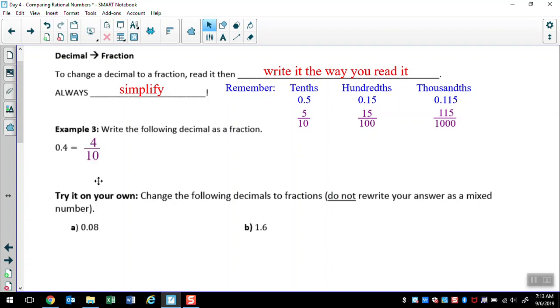Now remember, we need to simplify, so don't forget to simplify. So I'm going to type in that new answer. So 4 over 10 is going to simplify to what? What can we divide both 4 and 10 by? We can divide them both by 2. So we can type in, let's see.